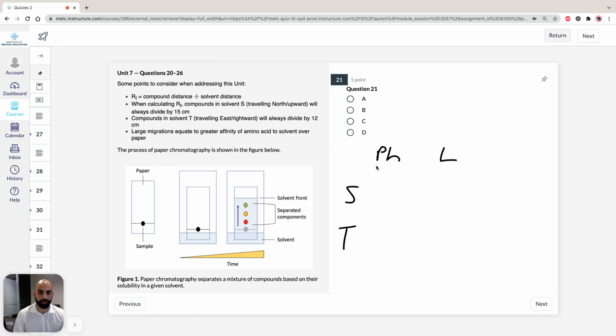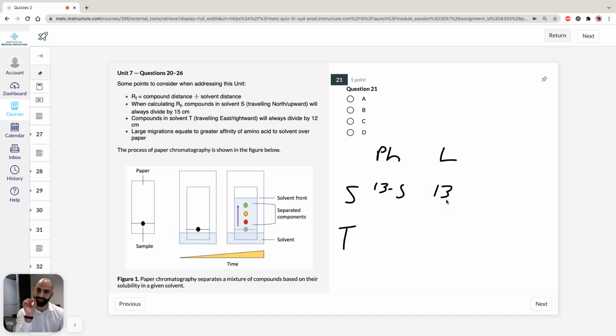So let's take a quick look. For S, if we take a quick look at the figure, phenylalanine is in between 13 and 14, so I would say it's 13.5. Our leucine is just under it, so it's about 13.